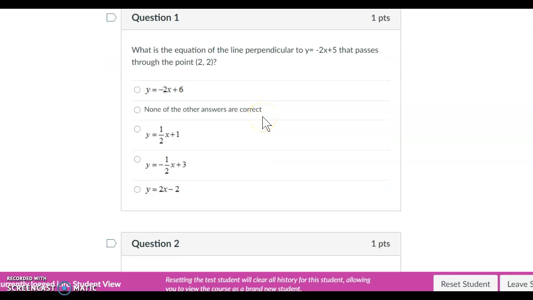Okay, so what is the equation of the line perpendicular to y equals negative 2x plus 5 that passes through the point (2, 2)? All right, so I have an equation of a line that I want it to be perpendicular to. I have a point that I also want it to go through.